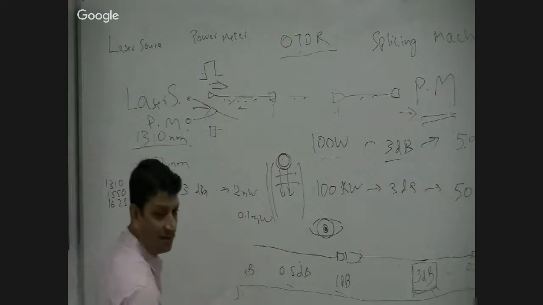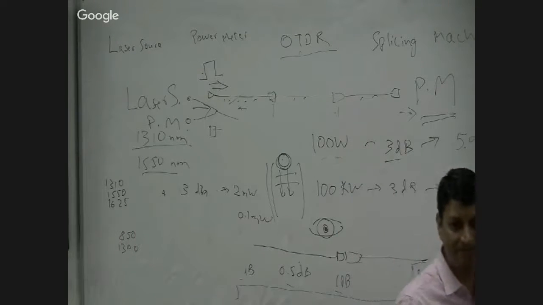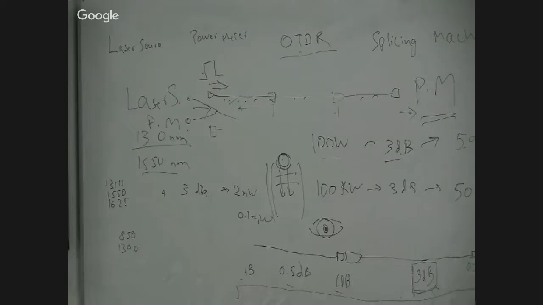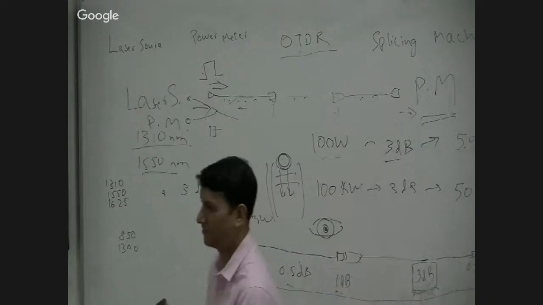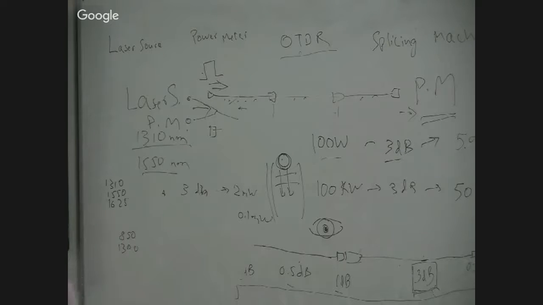So usually this depends. A normal single mode fiber should give you around 0.02, maybe say 0.05 dB, or maybe max to max 0.1 dB per kilometer.